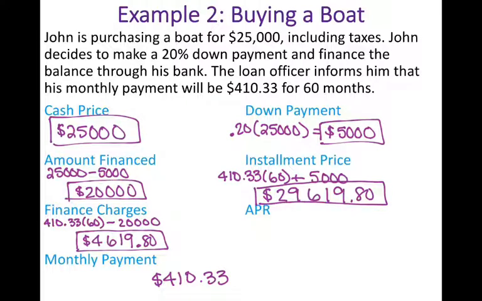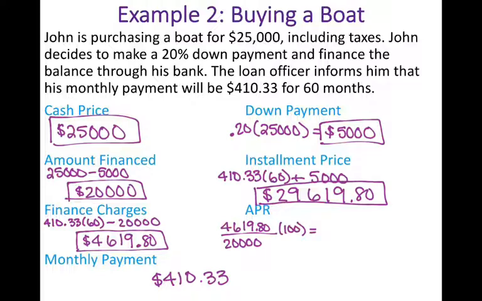Now for the APR for this particular problem, what I'm going to do is take the finance charges, so the $4,619.80, and divide it by the amount financed, so $20,000. And I'm going to take that and multiply it by 100.